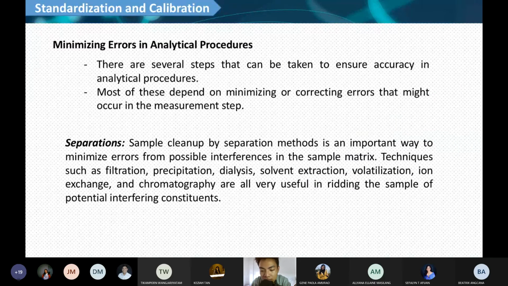When doing chemical analysis, you must minimize the errors. For example, you are going to analyze blood. When analyzing blood, you're going to put that in a gas chromatography instrument. However, you must pre-treat your blood sample, because when you place the red blood cells in there, they may block the chromatography instrument, so it will be damaged later on.